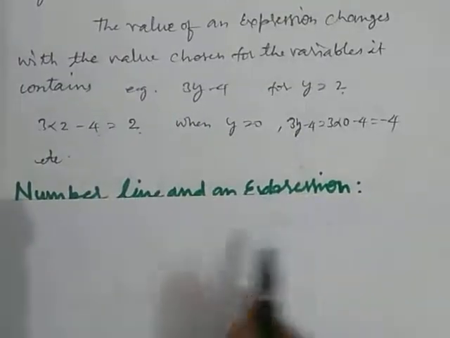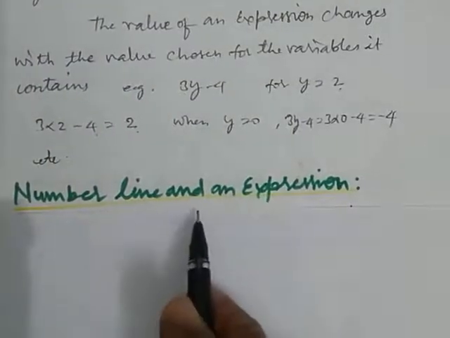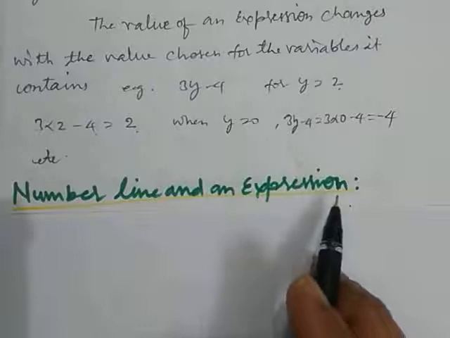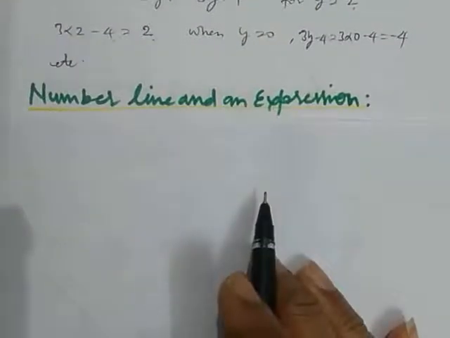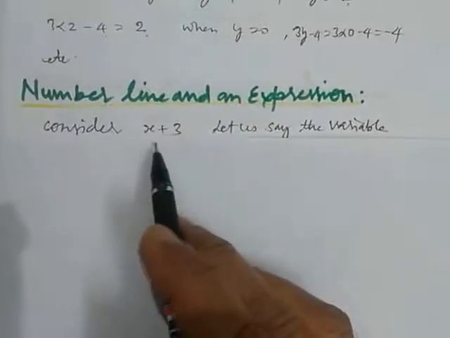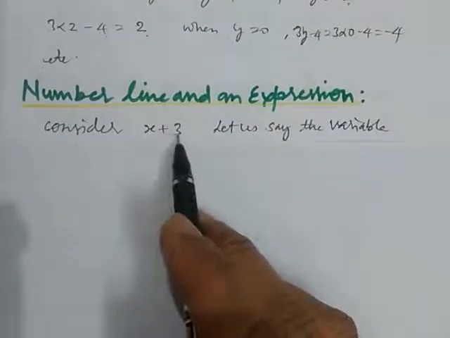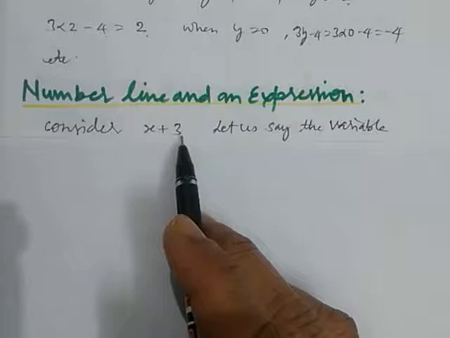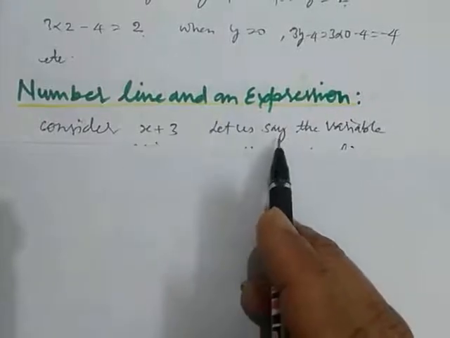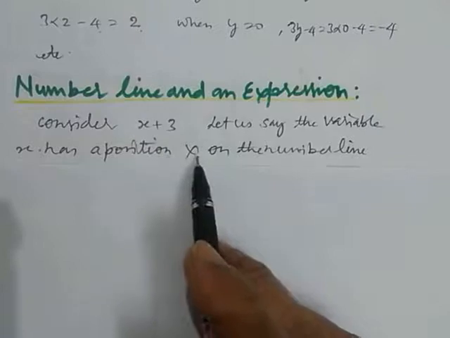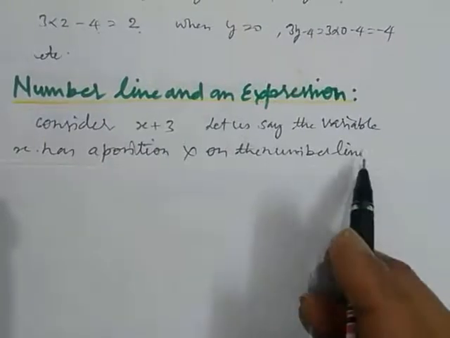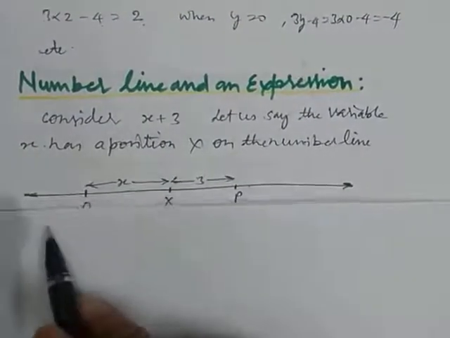Now we learn number line and an expression. Watch it carefully. Now we consider x plus 3 as the expression. Let us say the variable x has a position x on the number line. So we have to draw the number line.